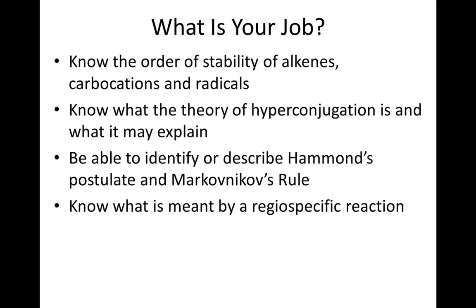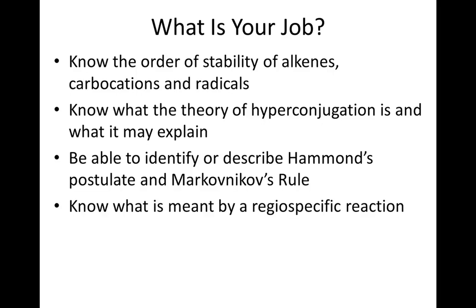And in this section of this chapter, we talked about the order of stability of alkenes. So the less substituted alkene is less stable, and as they get more and more substituted, remember how many hydrogens have been replaced with chunks of carbon, they get more stable. More substituted carbocations and radicals are also more stable. The stability of all those things is related to the theory of hyperconjugation. So you need to at least have an idea about what that means. You don't necessarily need to be able to draw the pictures.